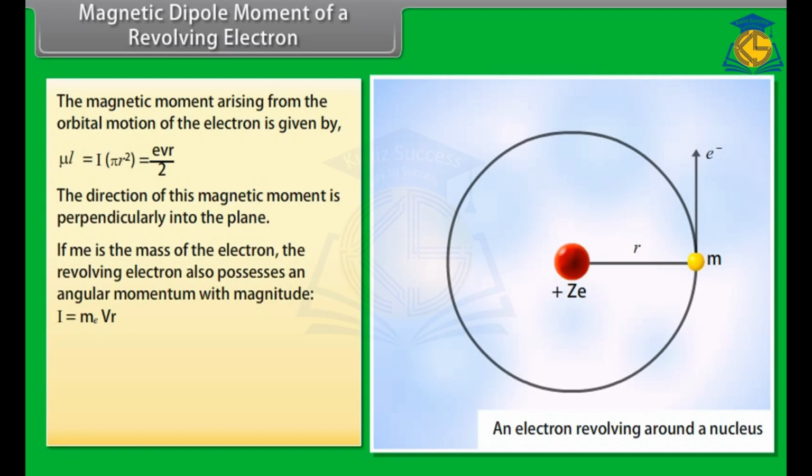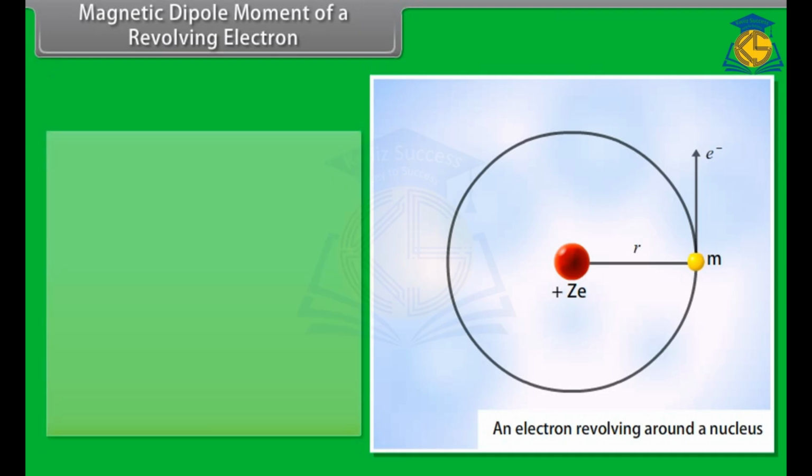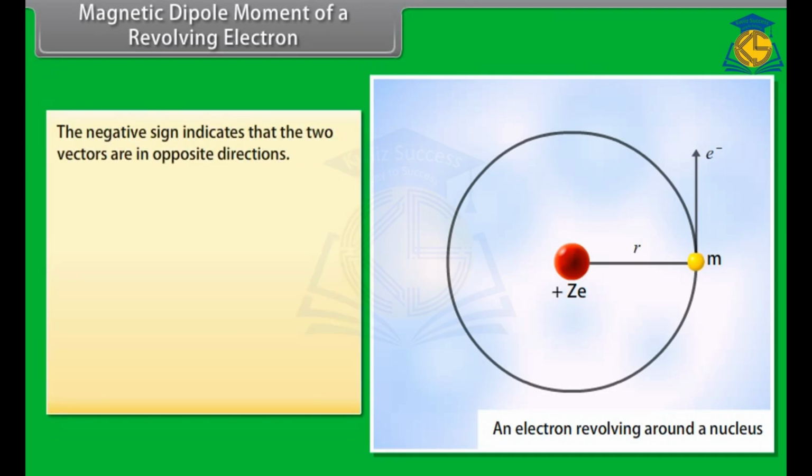If me is the mass of the electron, the revolving electron also possesses an angular momentum with magnitude l is equal to me v r. From the above two equations, we get the result mu L is equal to minus e upon 2me multiplied by l. The negative sign indicates that the two vectors are in opposite directions.